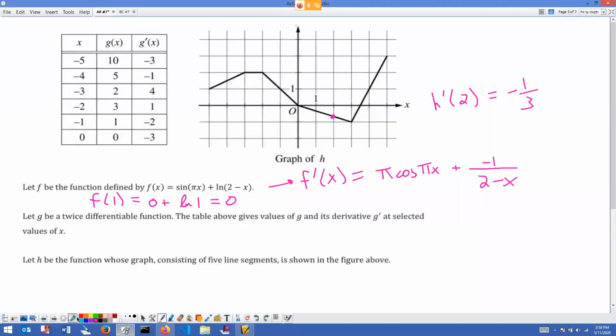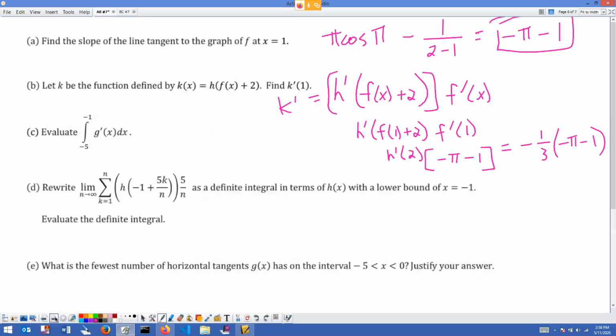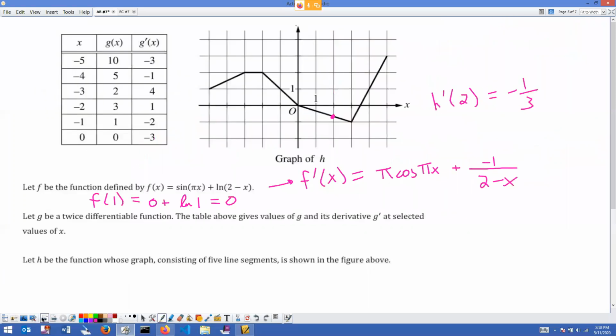Okay. Next part. Evaluate the integral from -5 to -1 of g prime. That's just a simple fundamental theorem of calculus second part question. This should just be the integral of g prime is g of x. So we'll evaluate that from -5 to -1. That's just g of -1 minus g of -5. And those numbers should both just come straight from the chart.